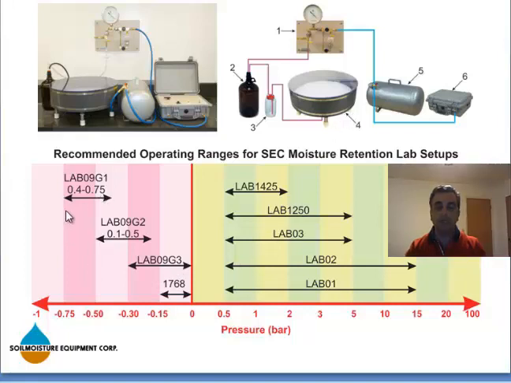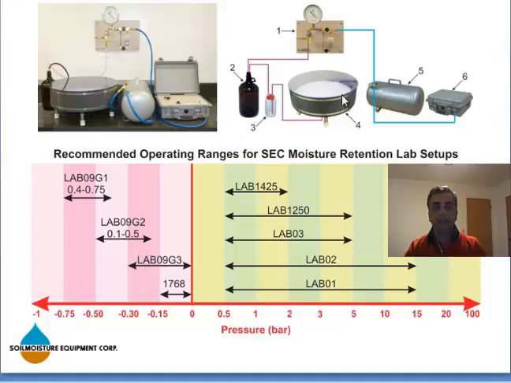1725 is not shown here, but its range of application can be Lab 9G1 and Lab 9G2 combined. It's a 1 bar ceramic plate, so the best range of application is here, but you can use it for half bar too. The reason these have overlap is that each system is tailored or optimized for a certain application.